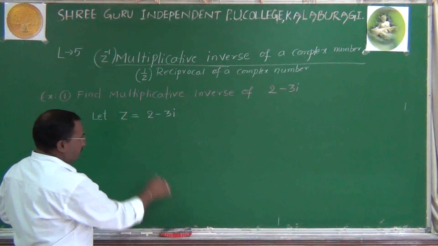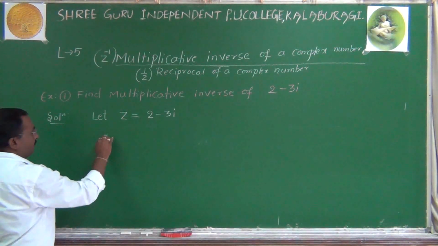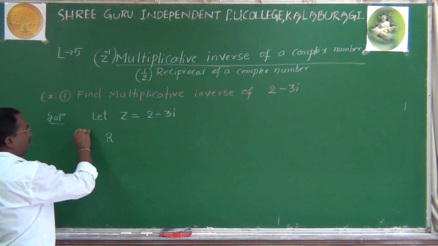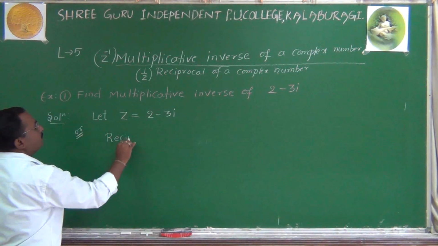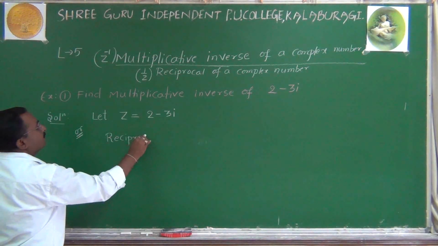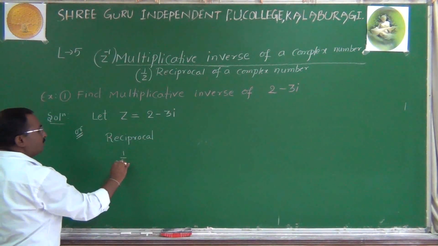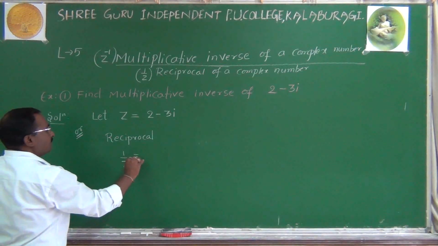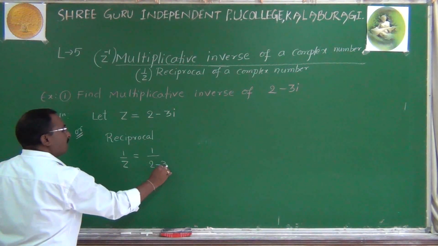That is the direct method, the reciprocal form. Z becomes 1 by Z is equal to 1 by 2 minus 3i.